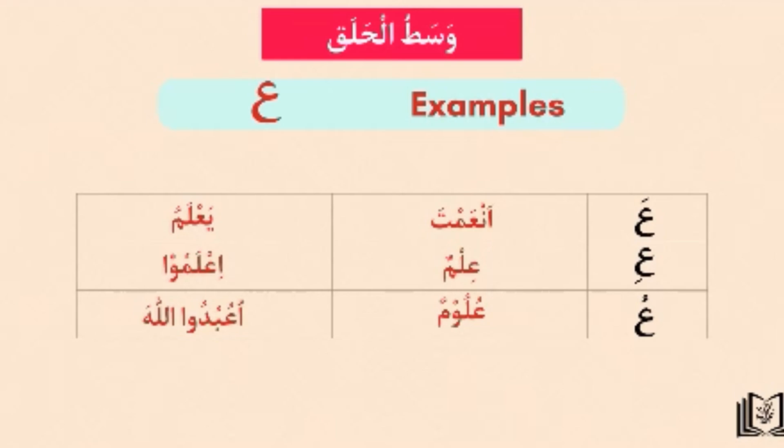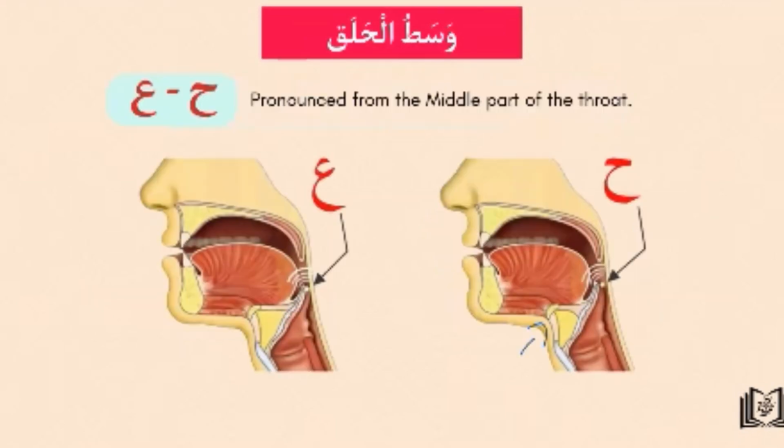Tajweed is very easy, but don't strain yourself when you are practicing. Do it easily. That's why I am telling you to keep your finger in this place and feel, so that it becomes easy for you. For Ain, just keep your finger in the middle part of your throat and recite normally.